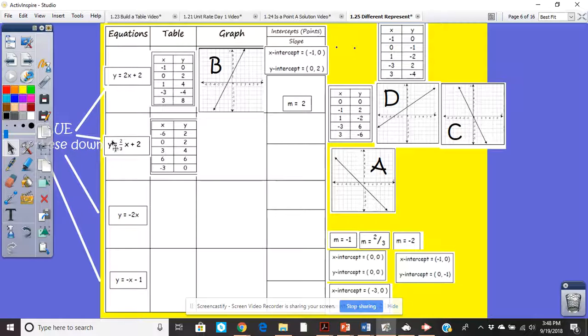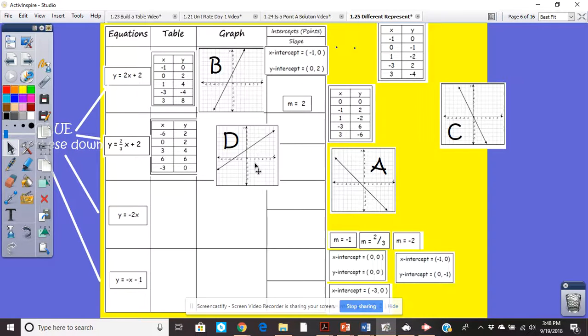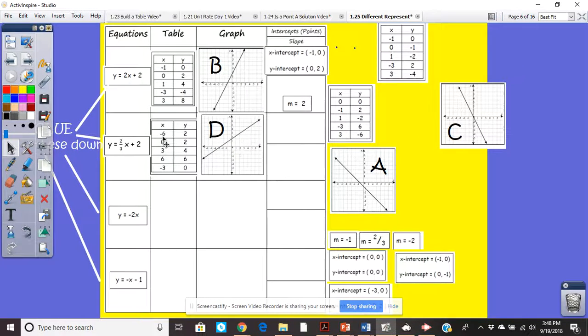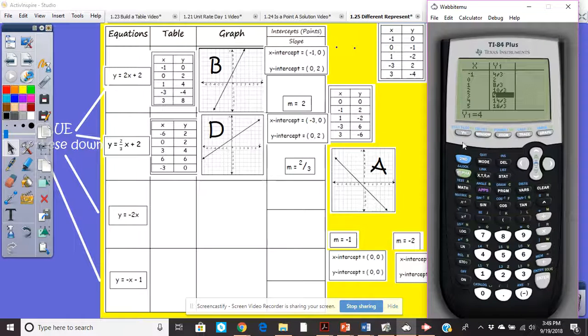And so this one, again, is also a positive slope, so we're only left with one option for this. All right, our slope is always the number that's attached to x. So our slope is 2/3. And again, to find your x and y intercepts, 0, 2 would be your y-intercept, and -3, 0 would be your x-intercept. You're looking for those zeros in your table.